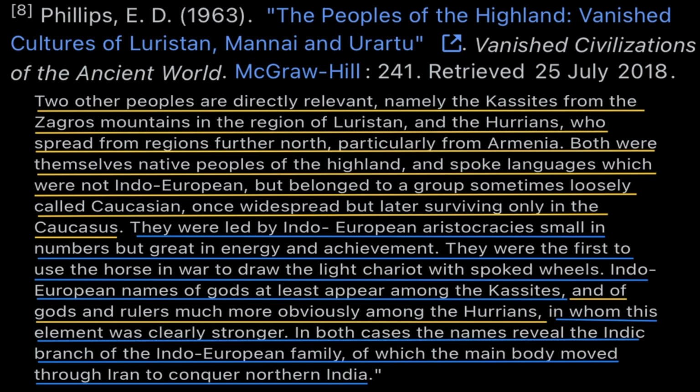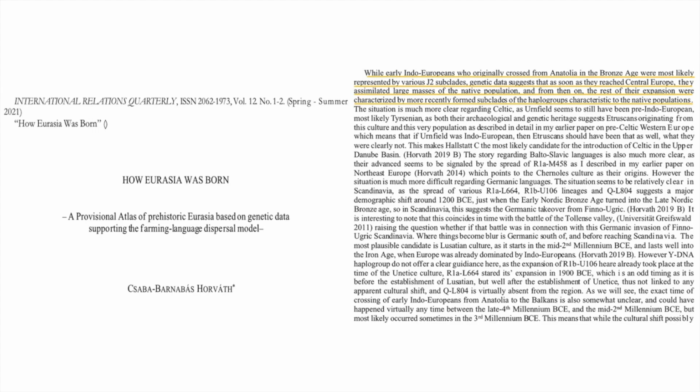Indo-European names of gods at least appear among the Kassites, and of gods and rulers much more obviously among the Hurrians, in whom this element was clearly stronger. In both cases, the names reveal the Indic branch of the Indo-European family, of which the main body moved through Iran to conquer northern India. And so this fits with Haplogroup J's migration as well.